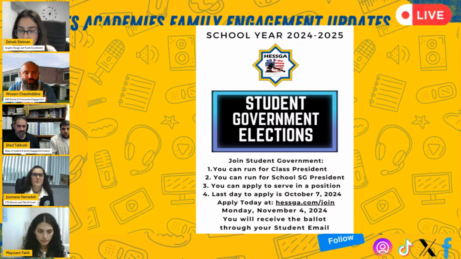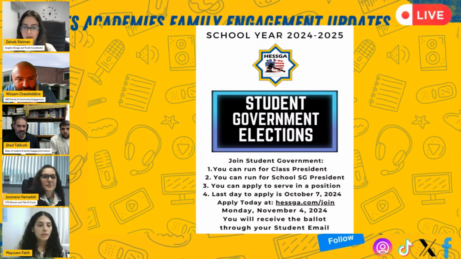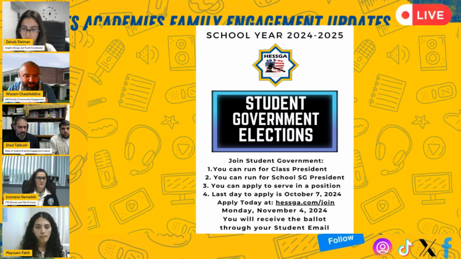Welcome everyone to HES Academies Family Engagement Updates. I wanted to remind all parents and students that student government applications are open for students to join. They will remain open till October 7th, especially if someone is running for office.